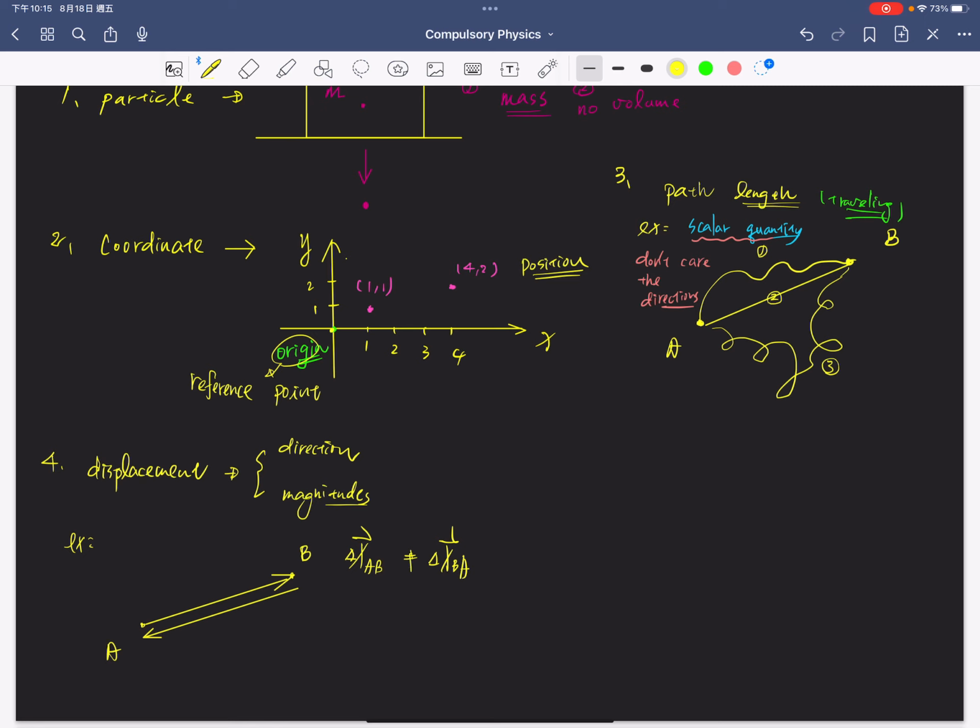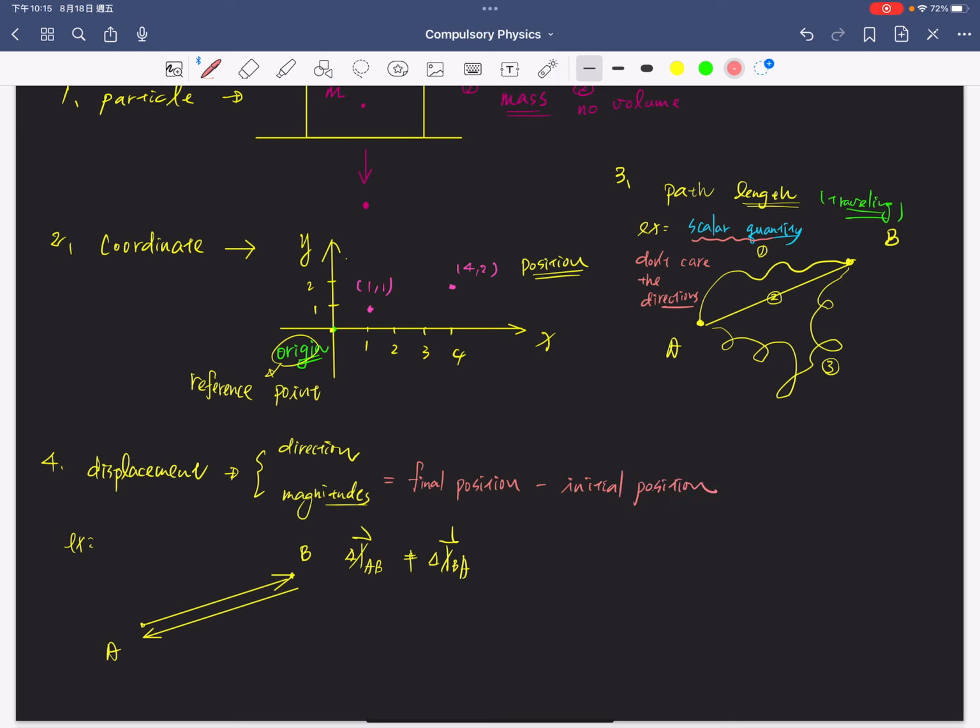However, displacement has a definition: the final position minus the initial position.